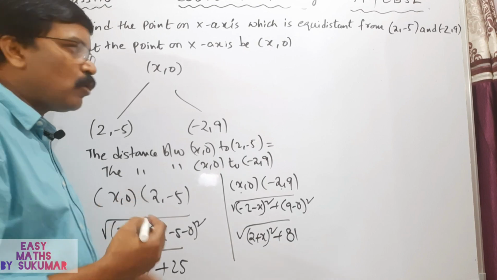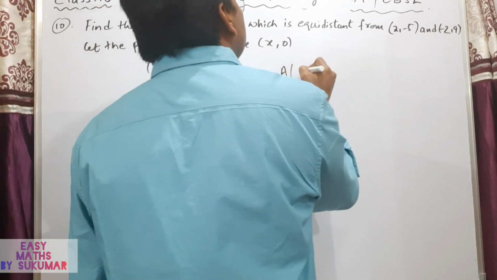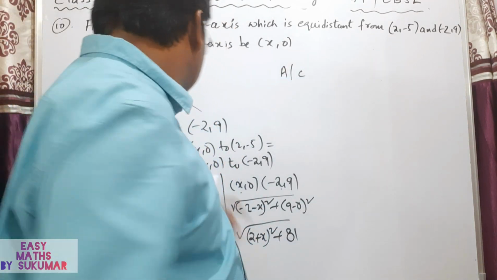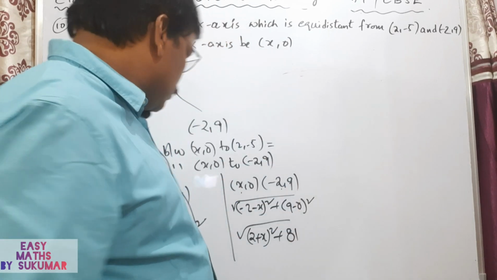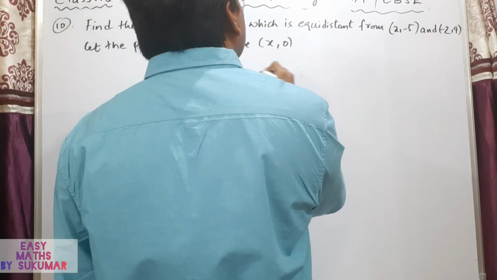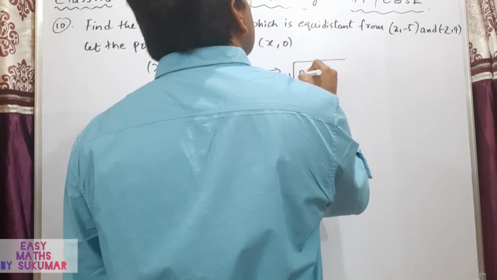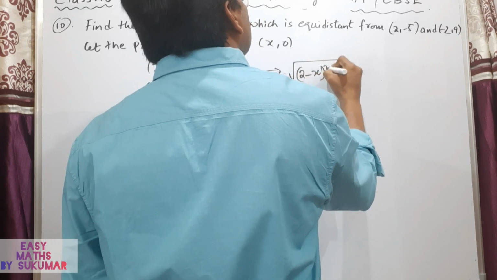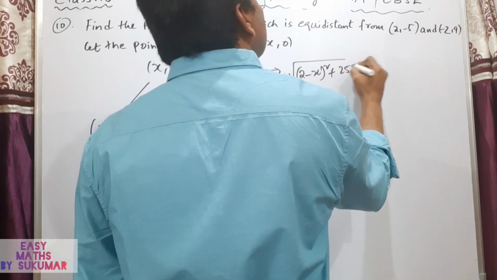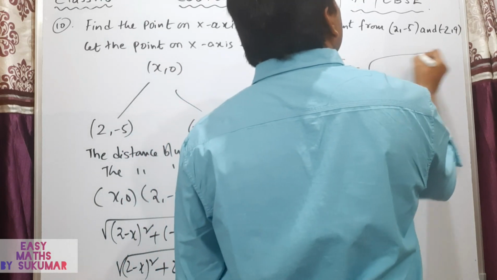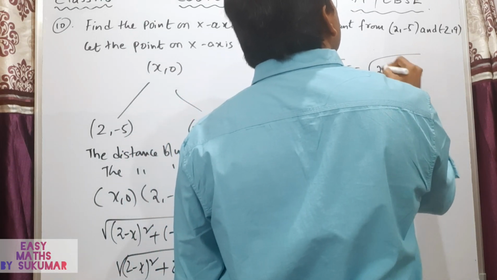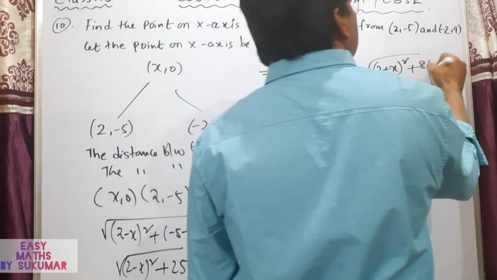Okay, so according to the problem, root of (2 minus x) whole square plus 25 is equal to root of (2 plus x) whole square plus 81.